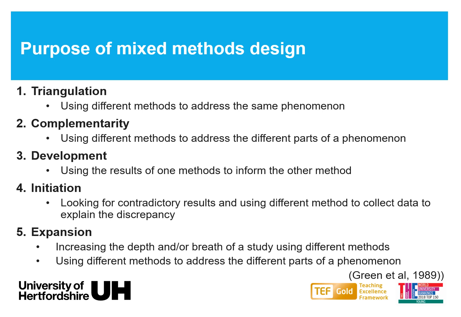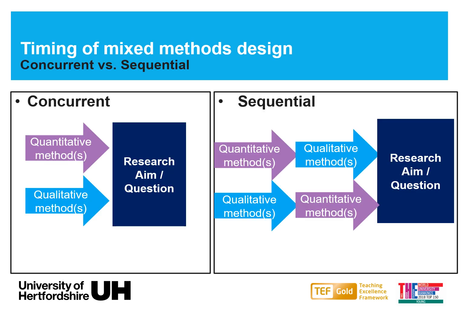Another aspect we can cover is the timing of mixed methods. It can be concurrent, where you're using quantitative and qualitative methods together. So for example, while you're sending out questionnaires to the target population, you're selecting a few to conduct interviews, in order to understand the social phenomenon or to answer the research question.